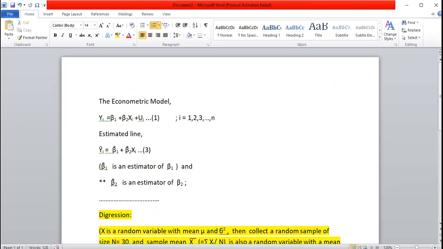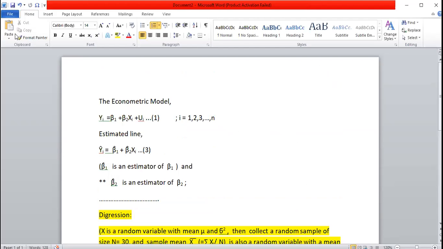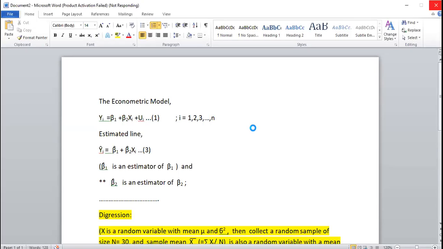How do you know it's linear? What is the power of y? 1. What is the power of x? 1. You obviously say random term. So is it linear?